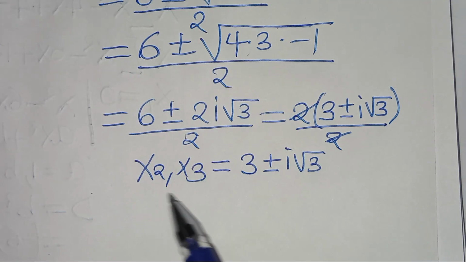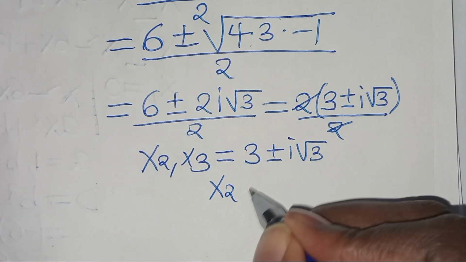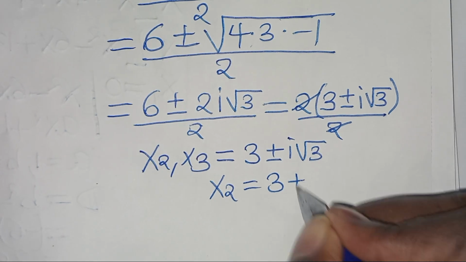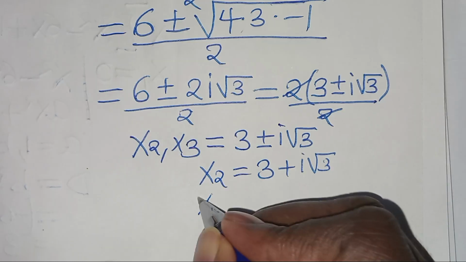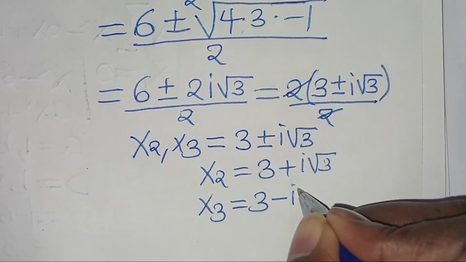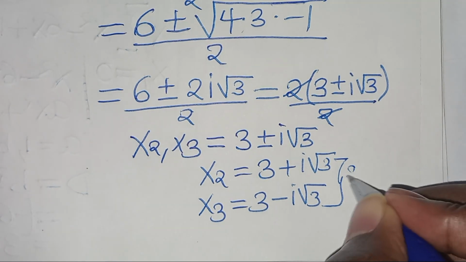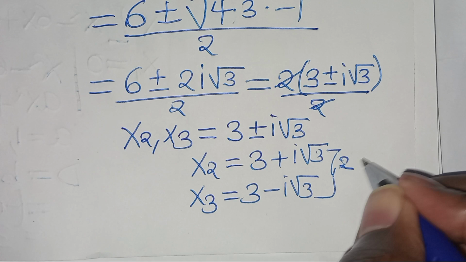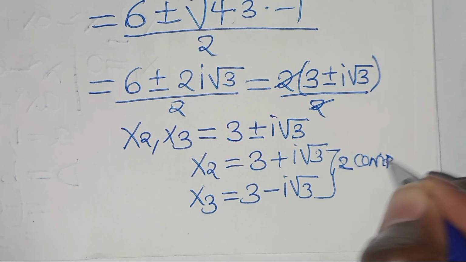Now these are two complex solutions that we have. That is, x2 is equal to 3 plus i square root of 3, and we have that x3 is equal to 3 minus i square root of 3. Remember, these are two complex solutions.